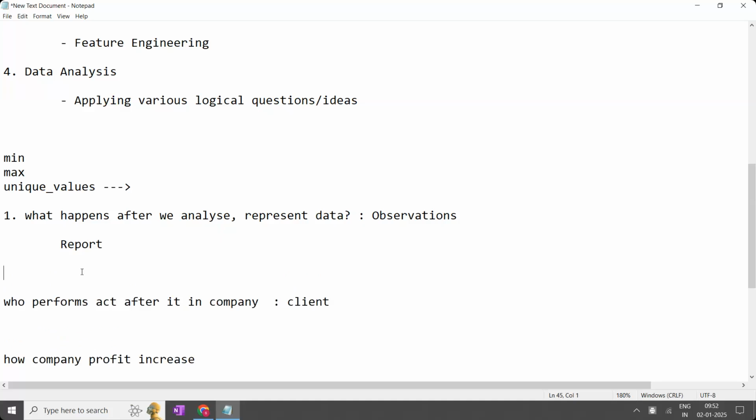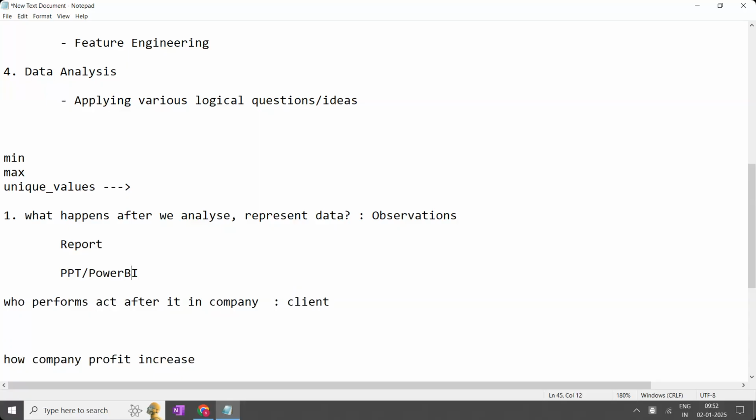Along with the report, we are going to add the PPT or Power BI. In the Power BI or PPT, first we explain, like I am explaining in the class, and after my explanation I share my notes with you.